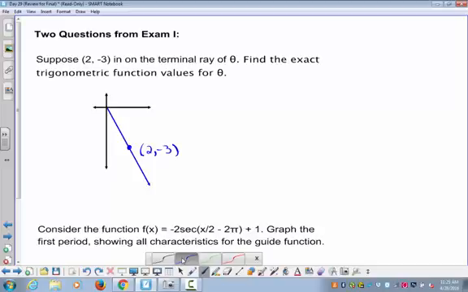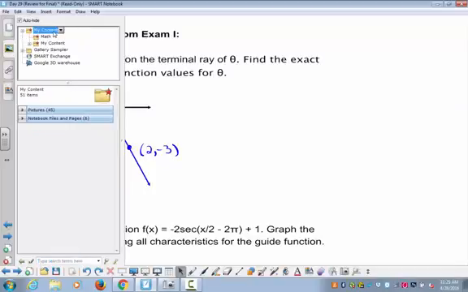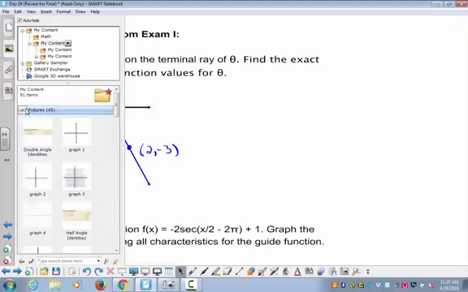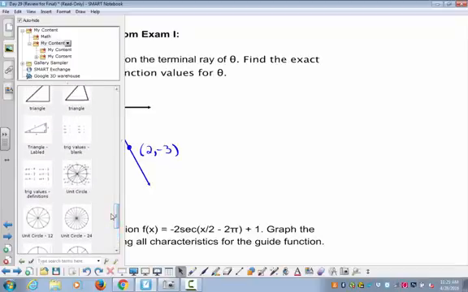Okay, so our goal is to find the trig function values with that information.